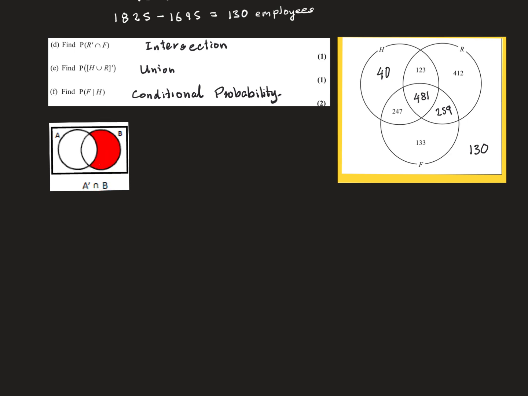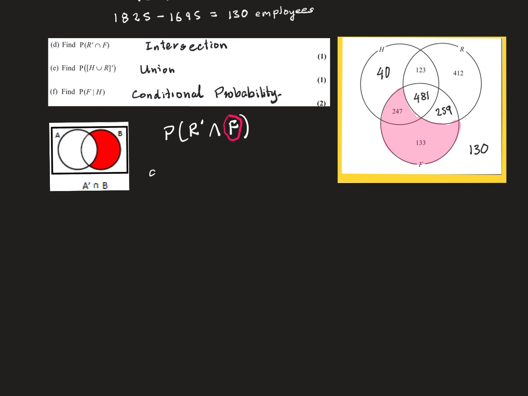So if I want to look at P of R dash intersection F, where is the crescent going to be? The crescent is going to be in set F, which will encompass all this.